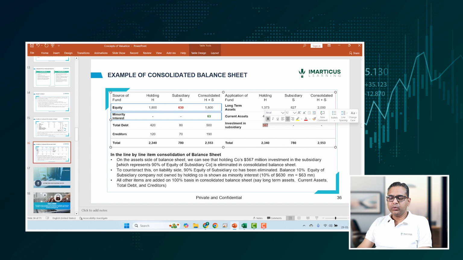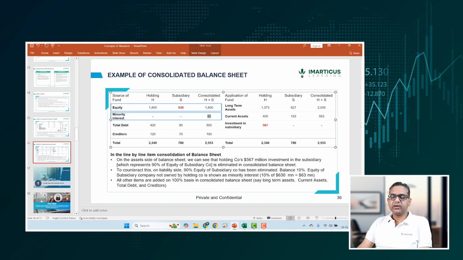So now to counteract this, on the liability side, 90% of the subsidiary's equity is removed. So this much of equity, 90% of the subsidiary's equity, is also not taken into account. We only take into account 10% of the subsidiary's equity. The balance 10% equity of the subsidiary company not owned by the holding company is shown as minority interest.